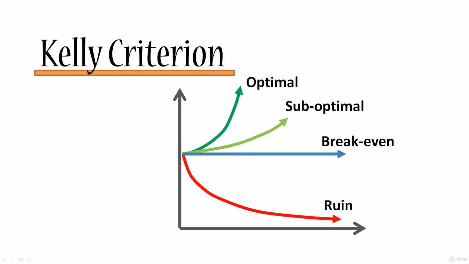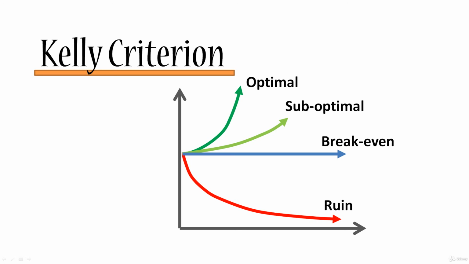There's the optimal outcome. There's one specific percentage of your account balance that if you bet that on every single coin toss or trade, if you're trading the Forex market, there's one specific percentage that will always lead to an optimal outcome. Then there's lots of different percentages that lead to a suboptimal outcome.